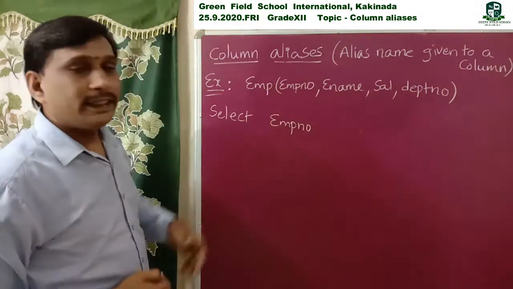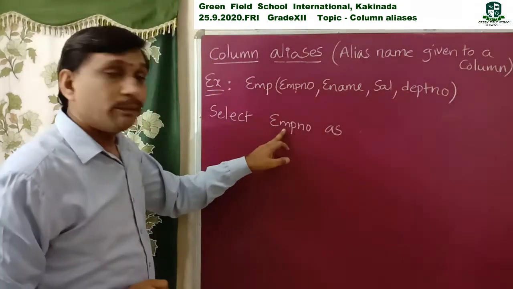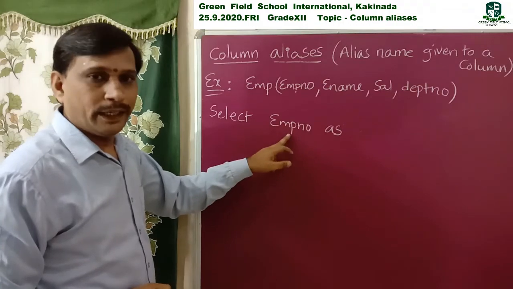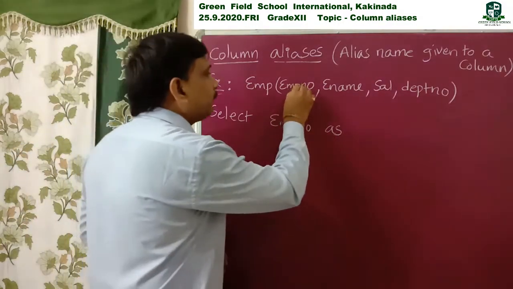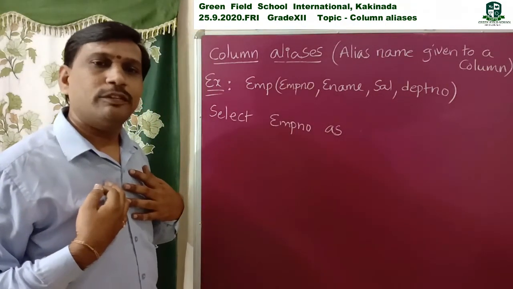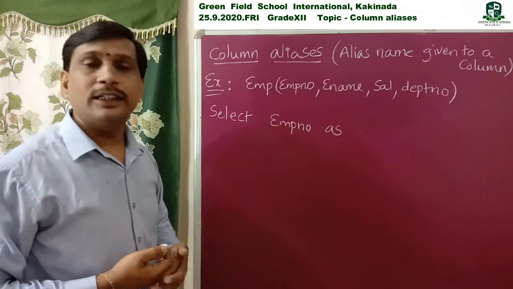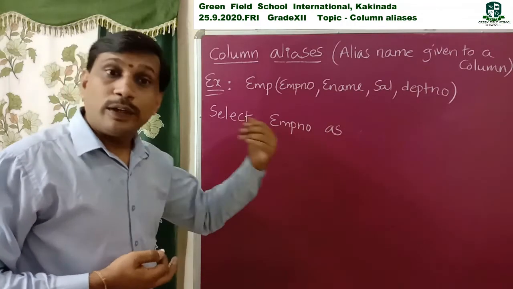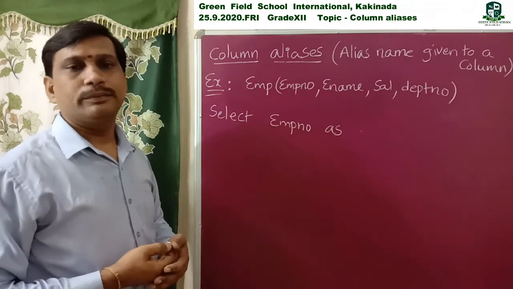Then I write one keyword, as, after the original column name, followed by the alias name. An alias name is our own interested name. Whatever you are interested in, you give that name, and it acts as the column name.